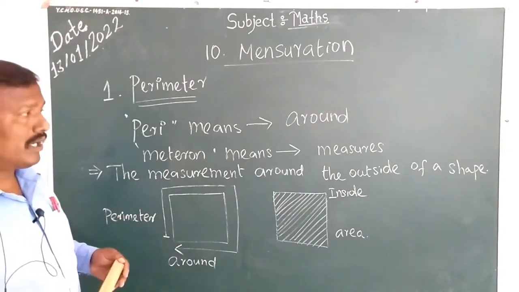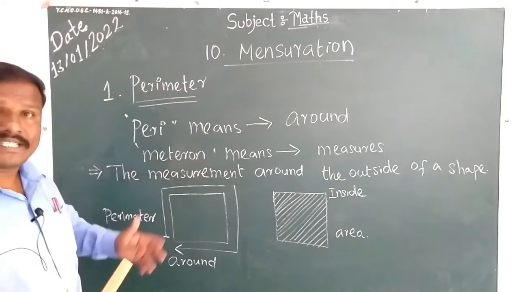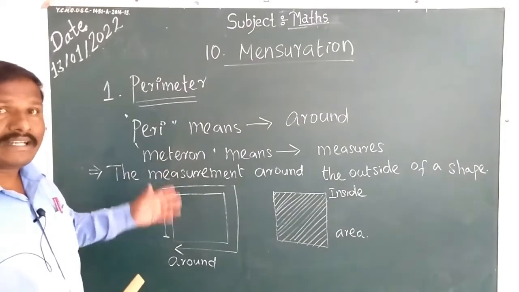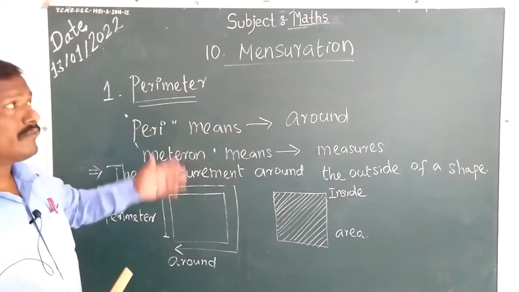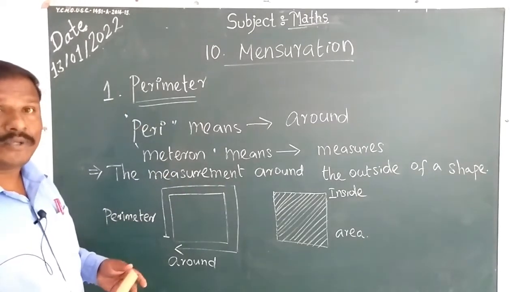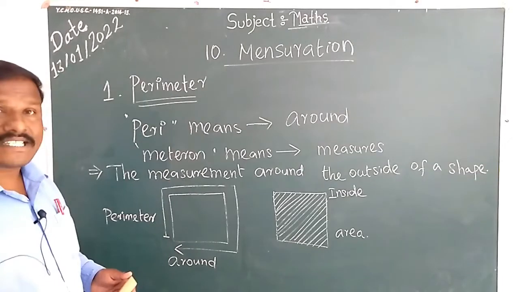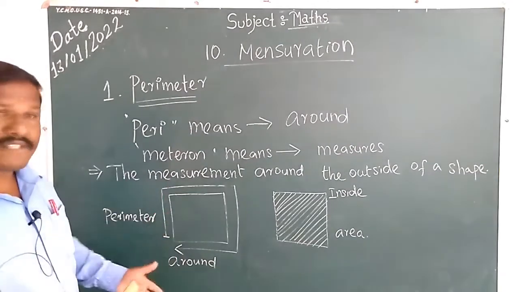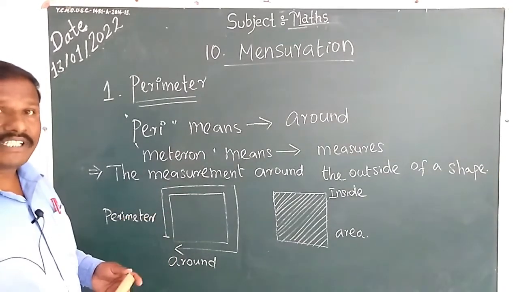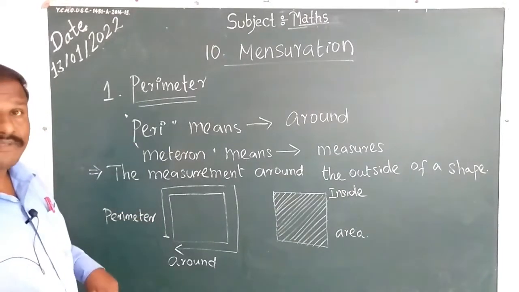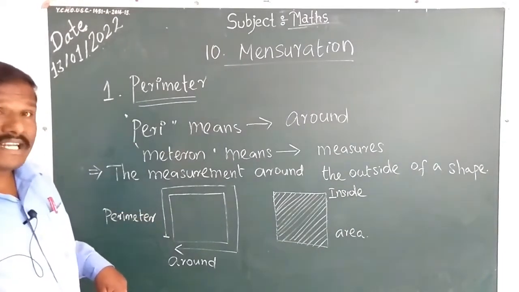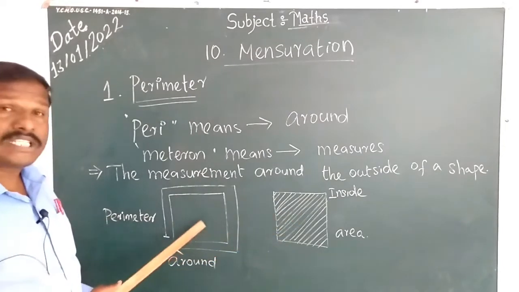I will not say copy this each time. You have to copy regularly what I teach on video: all these definitions, diagrams, formulas, everything. So peri means around. It's very important for understanding what is area and what is perimeter.